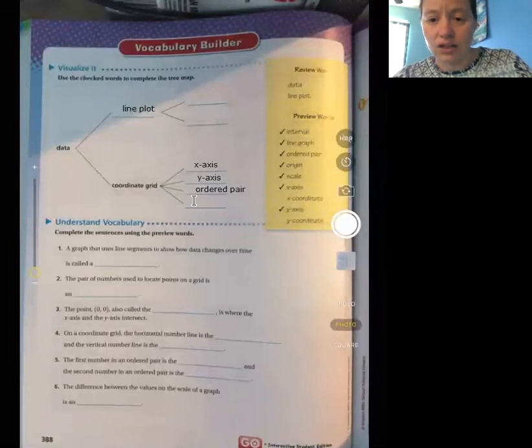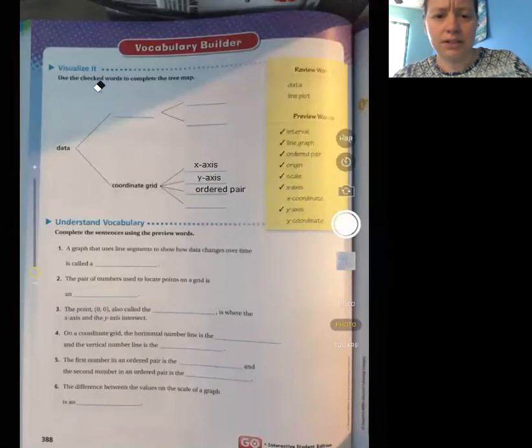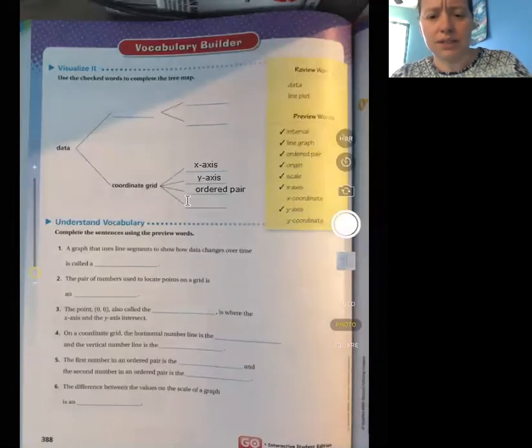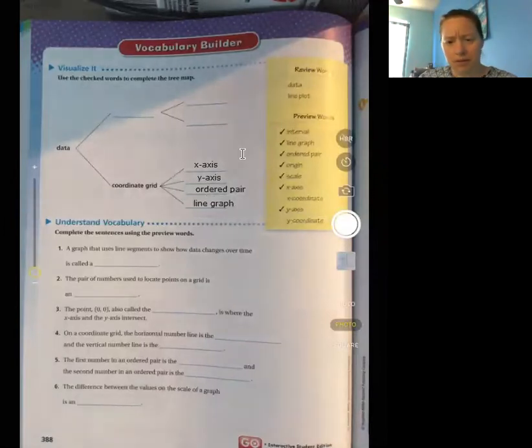You can then use, no, maybe that's not it. Maybe it's not line plot because that one's not, sorry guys, I don't think that's line plot. I'll come back to that one in a second. It makes an ordered pair, and then you use that ordered pair to make a line graph. Okay? Right.